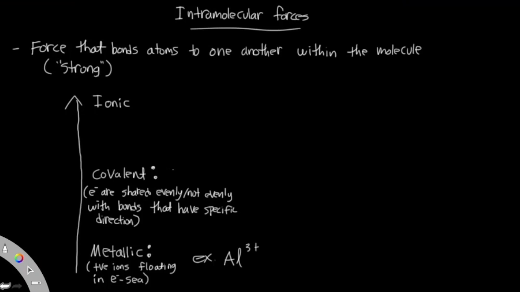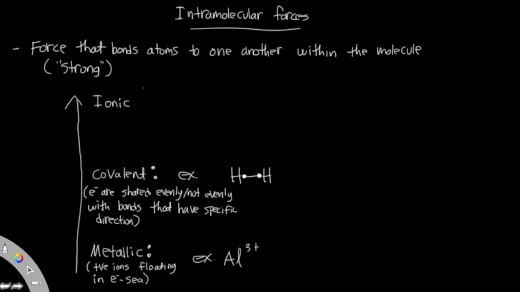Now, an example of a covalent bond could be H2, our hydrogen gas, because we have our non-metal here and another non-metal here, and they're bonded together in such a way that this valence electron from the hydrogen and this valence electron from the hydrogen are bonding. It's not that this electron belongs maybe 95%, 99% to this hydrogen. They're both shared quite evenly.